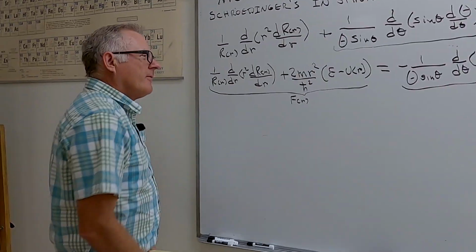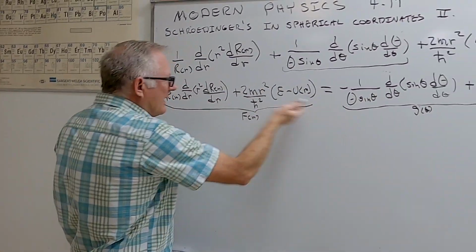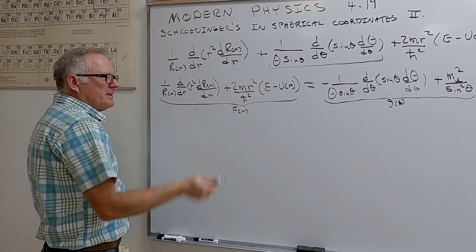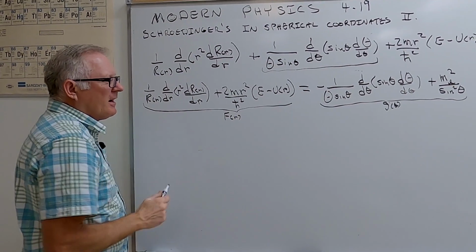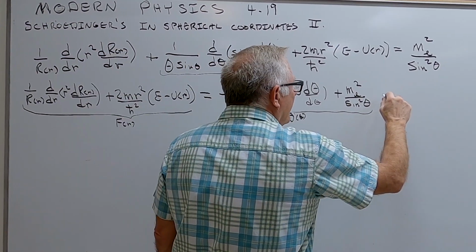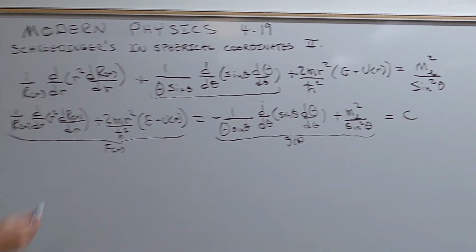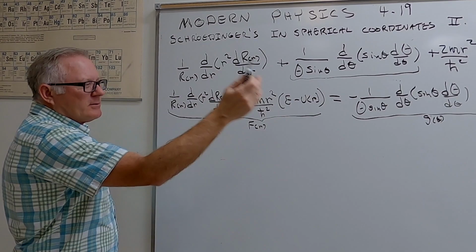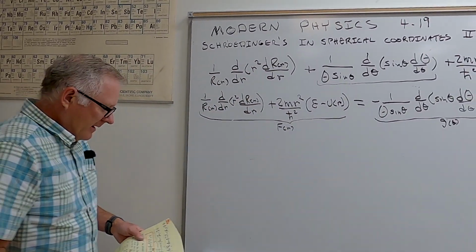Well, if this has got to be true for all r's and thetas, I could keep theta the same and vary r, but this equation still has to hold. That means that each one of these has to be a constant. So this is a constant and that's a constant. I'll just set it equal to, say, c. So now I've broken it up into two smaller pieces. This is equal to c, and that is equal to c.